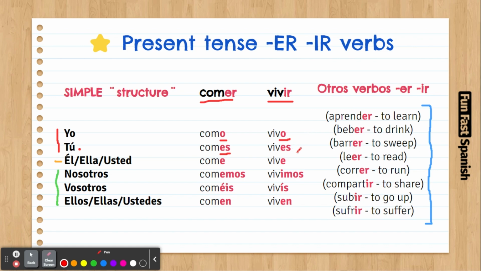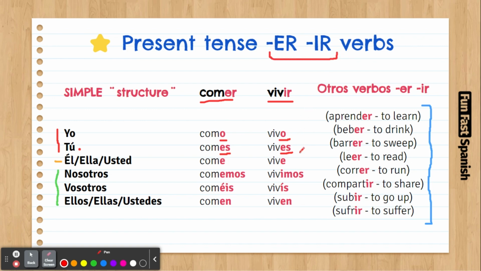Yo vivo en Santiago de Chile, and so on. And you live is tú vives. So o, es. It's exactly the same thing for ER and IR verbs. That's why they go together.